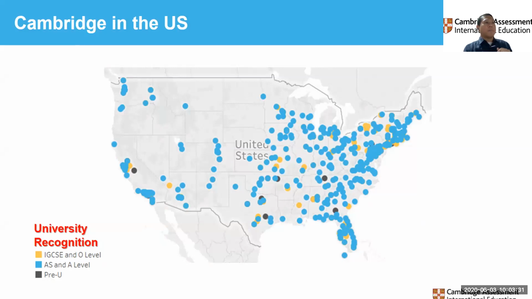If you can see in my PowerPoint slide, the bulk of the universities are concentrated on the east. However, we do have a lot of university systems on the western part of the US that are giving us recognition statements for our students.